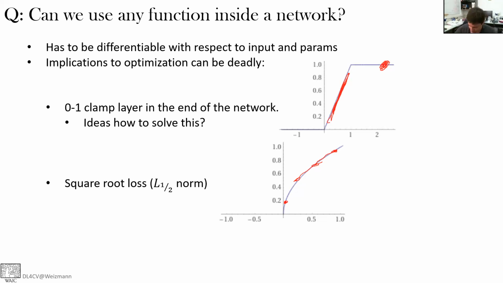Even if you have an L-half norm, it looks like this, so you're going to have very high values for the gradient. Probably your gradient will just jump from side to side, and there's no chance that you'll be able to get a low value. This is very unstable.